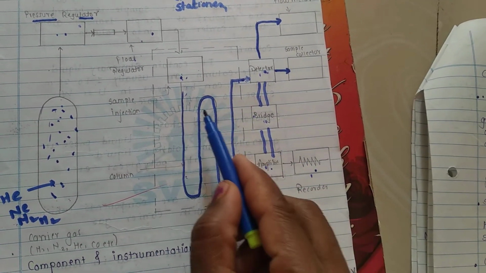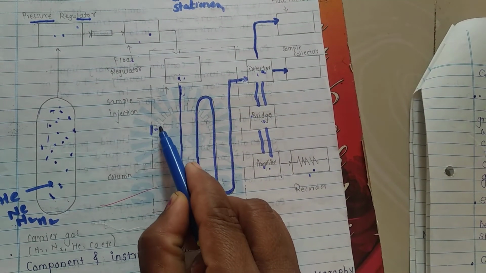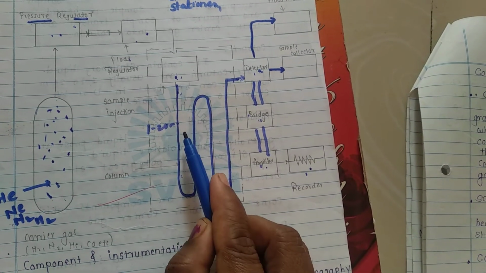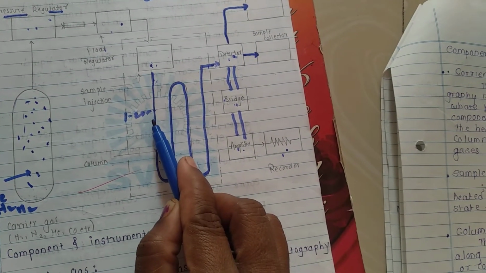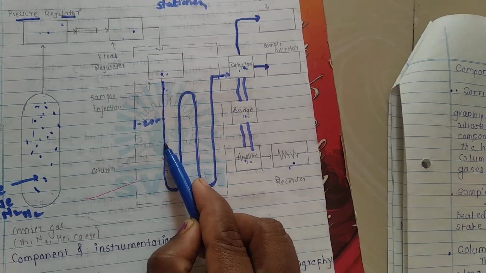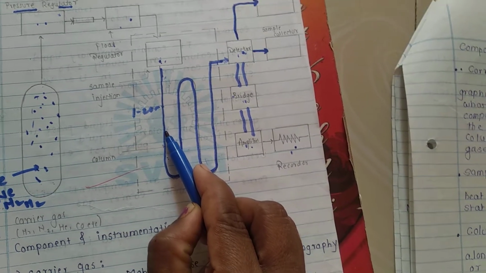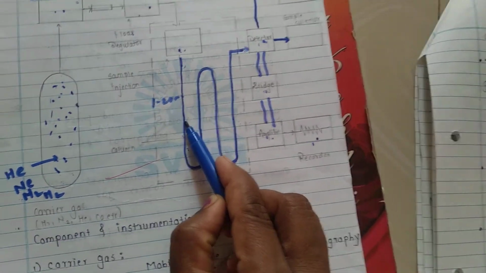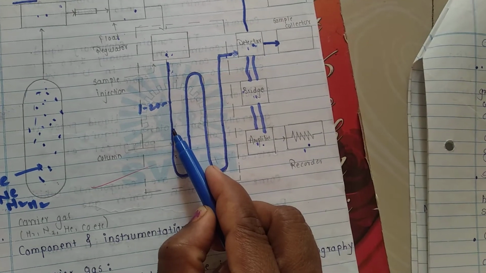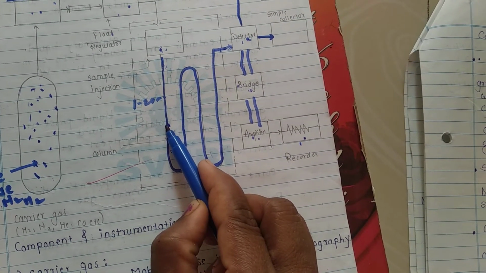Then this column is generally U or W shape. This column is 1 to 20 meter in length, but to save space it is bent to a U or W shape. This column contains the stationary phase. The stationary phase inside the column is a liquid.